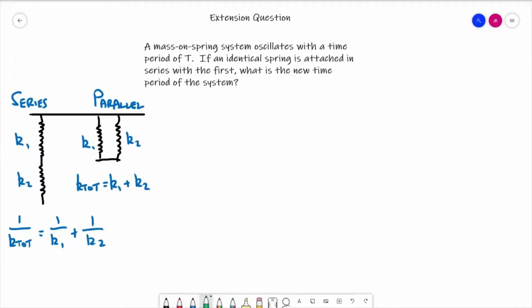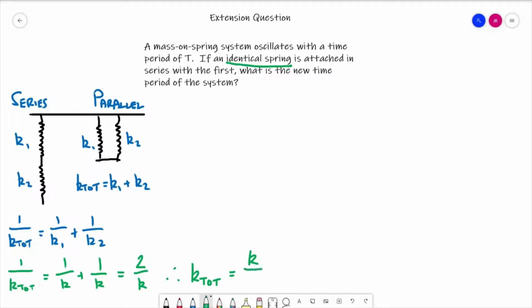Now, we've got two identical springs, which of course means that the spring constants are the same. So 1 over K total is 1 over K plus 1 over K. Now 1 over K plus 1 over K is equal to 2 over K, and therefore when we take the reciprocal of both sides of that equation, we get that the total spring constant is the spring constant of one of the springs divided by 2.